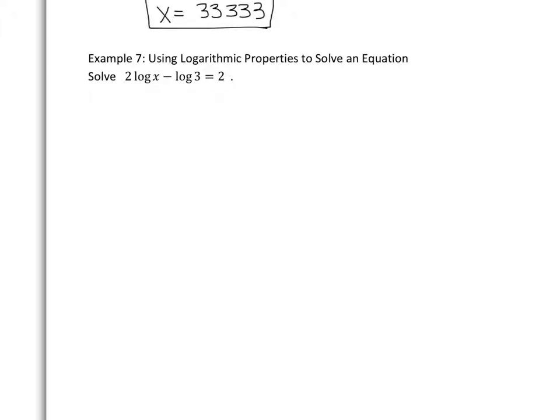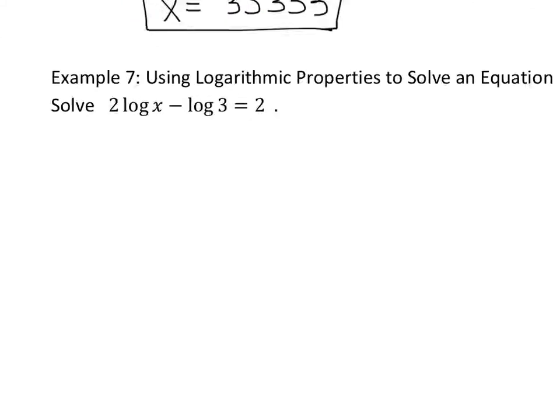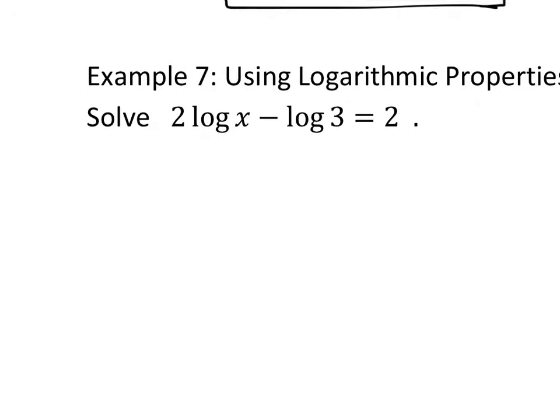Divide. We will divide them, but we need to move this 2 first. Where will it go? The 2 is going to go to the exponent, behind the x. So you have log x squared minus log 3 equals 2.